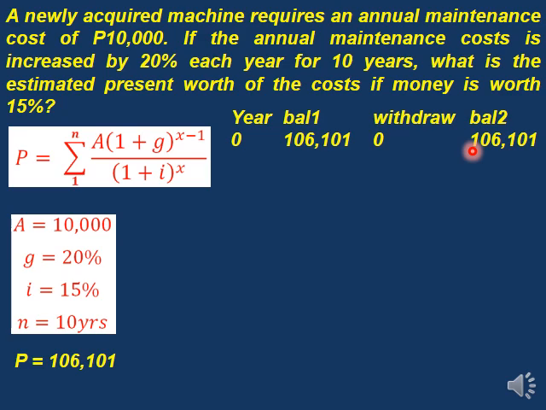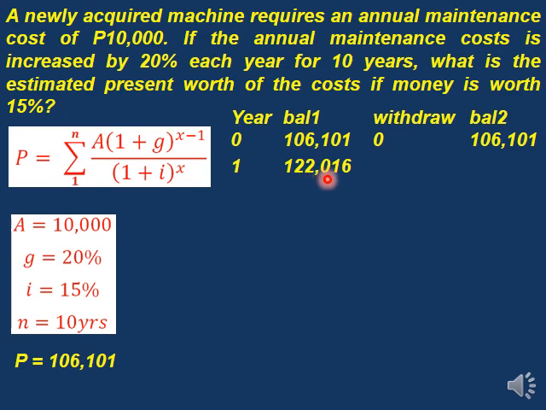Now I deposited it in the bank, and at the end of year 1, it accumulates and becomes 122,116. Verify that when we multiply 106,101 by 1.15, that is the amount after a year in the bank.